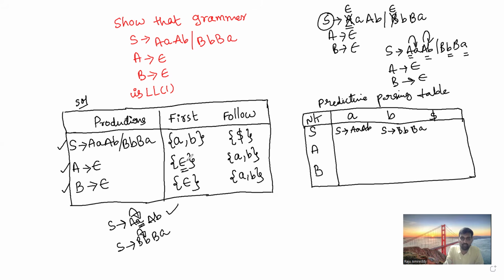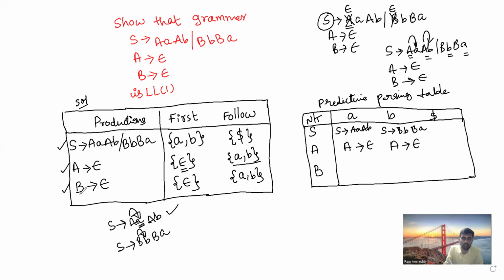When you find epsilon in first, you go with the follow. Means in place of small a, you write A goes to epsilon. In place of small b, you write A goes to epsilon. Okay.